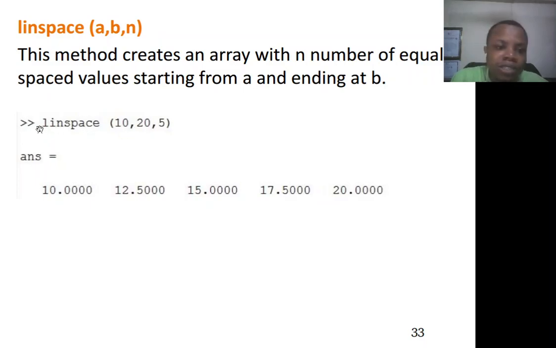We use the linspace function, specify the starting point and the end point, and the number of values we need. Using linspace(10, 20, 5) provides us with 5 equally spaced numbers. You can see that from 10 to 12.5 we have a difference of 2.5, and from 12.5 to 15 we also have a difference of 2.5. That holds throughout to the last entry.